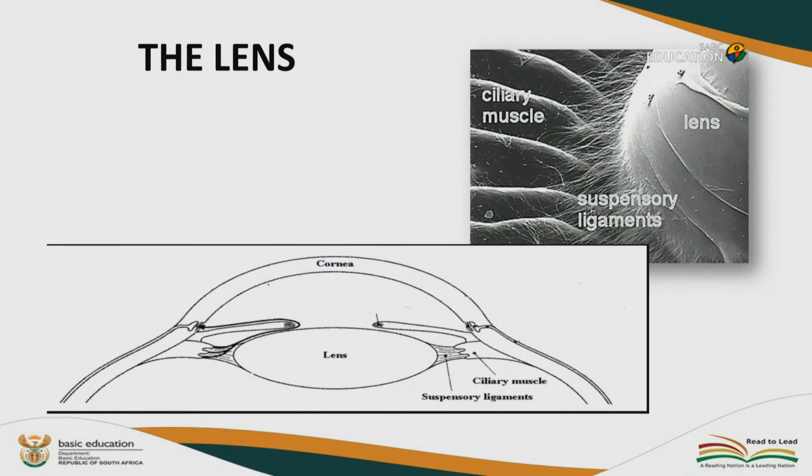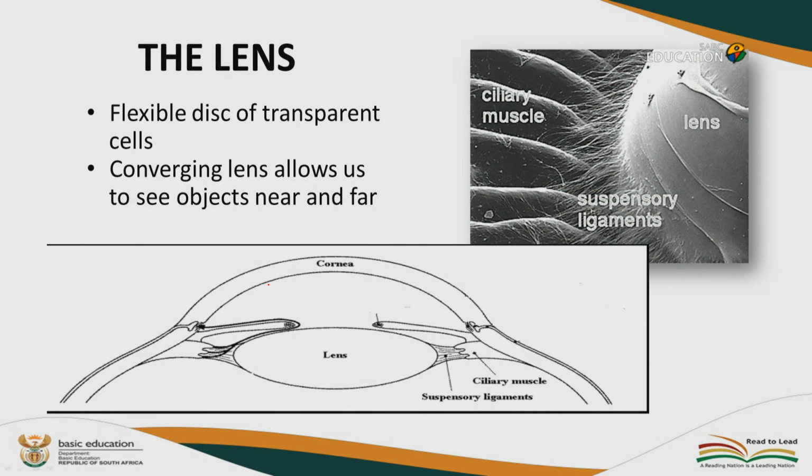Now we have the lens. Now, grade 12s, the lens is a flexible disc of transparent cells. Now, it is just behind the pupil. What does it do?